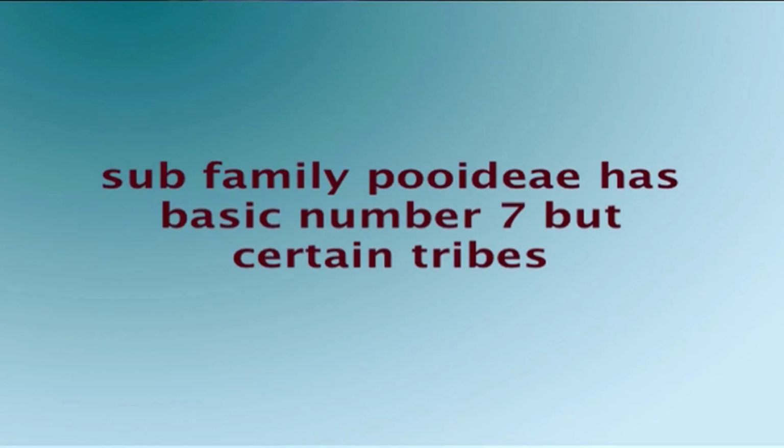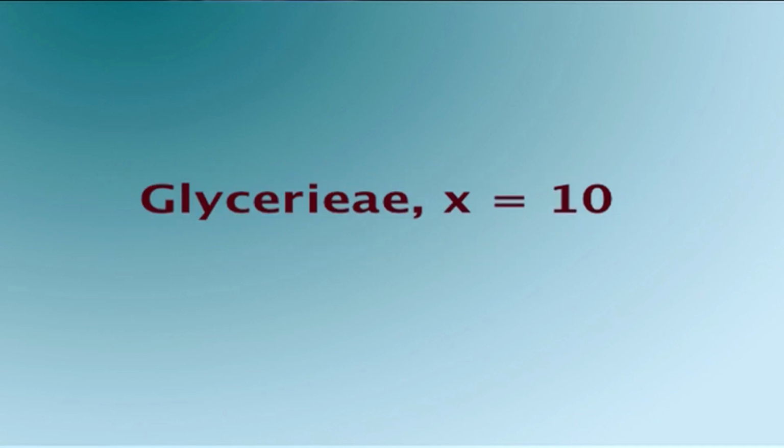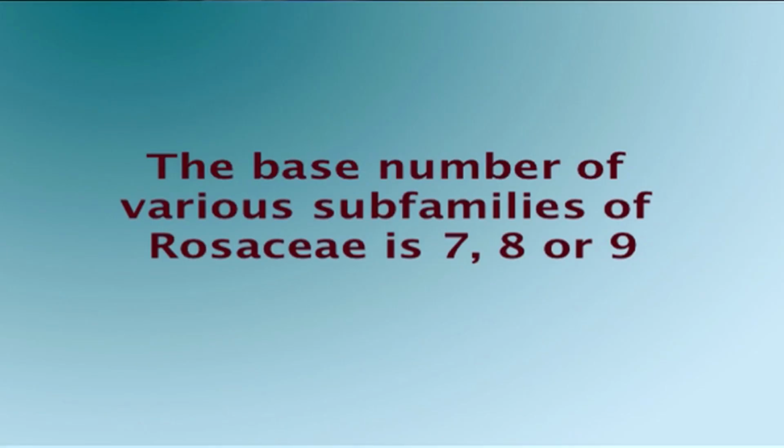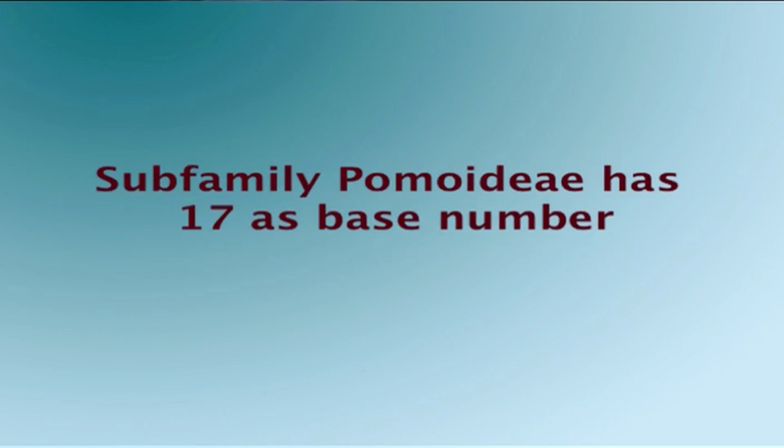For example, subfamily Pooideae has basic chromosome number 7, but certain tribes, for example Glycerieae, x = 10, or genera such as Anthoxanthum, x = 5, within it deviate consistently and illustrate the relative nature of the concept of base number. The base number of various subfamilies of Rosaceae is 7, 8 or 9, but the subfamily Pomoideae has 17 as base number.